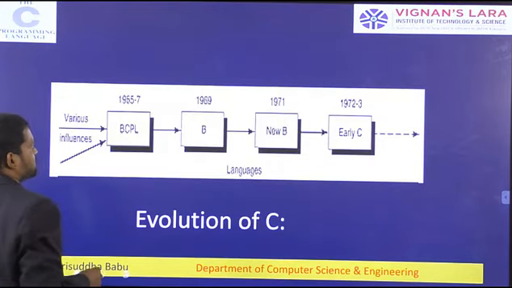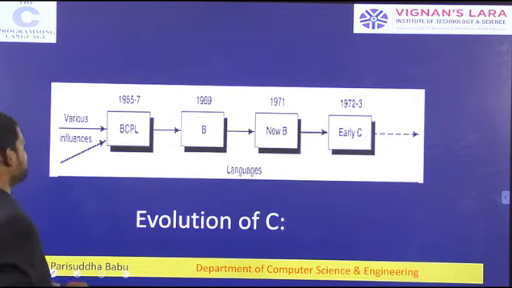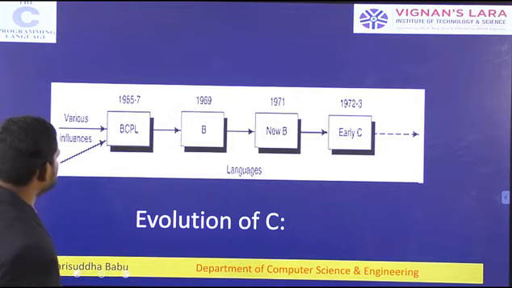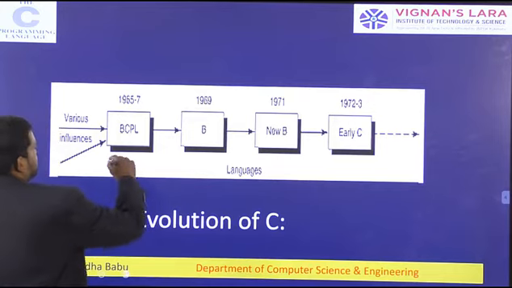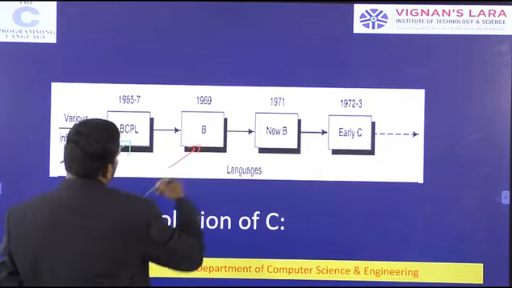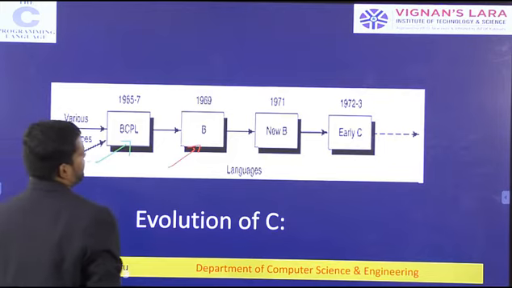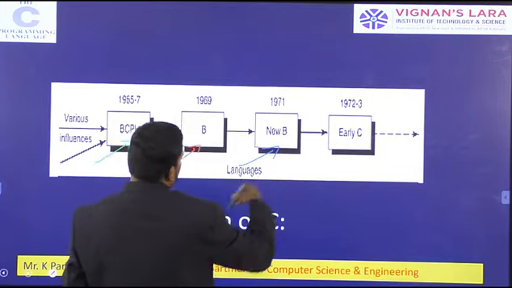Now, the evolution of the C language, what we saw in the previous slides. So various influences. BCPL was designed. After that BCPL, in 1969 the B language was designed. Between 1969 and 1971, another language, New B, was designed.